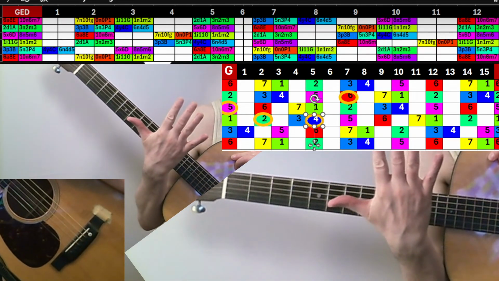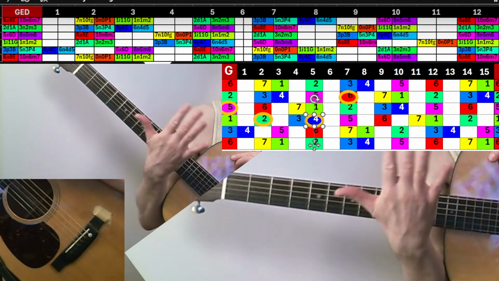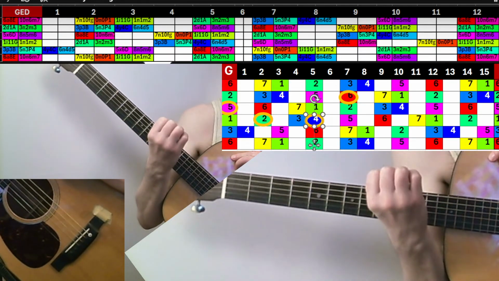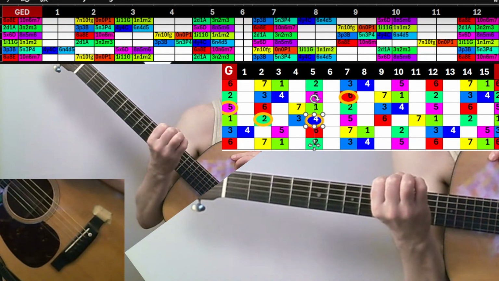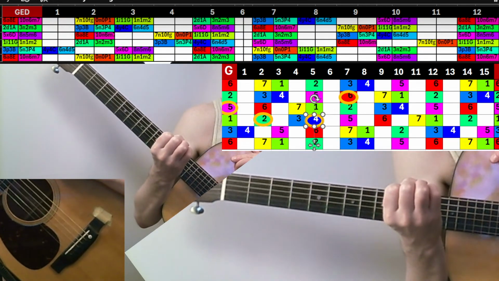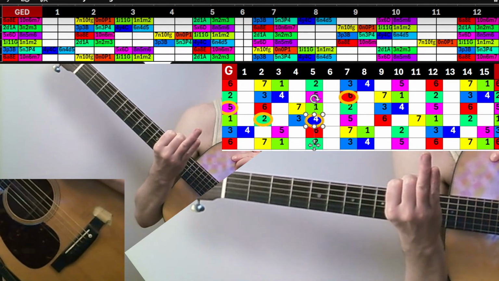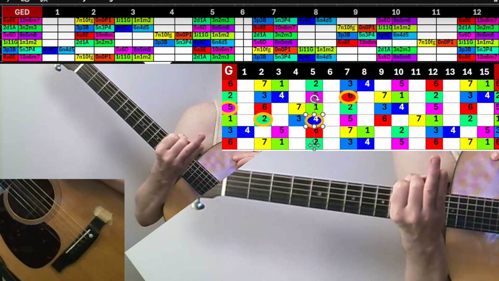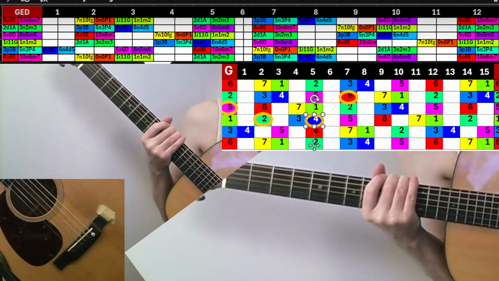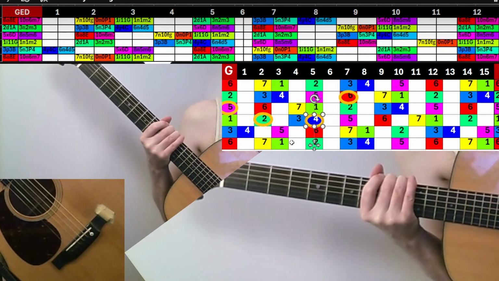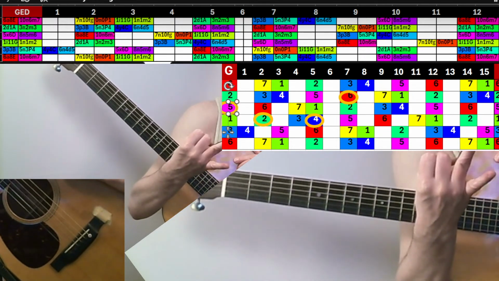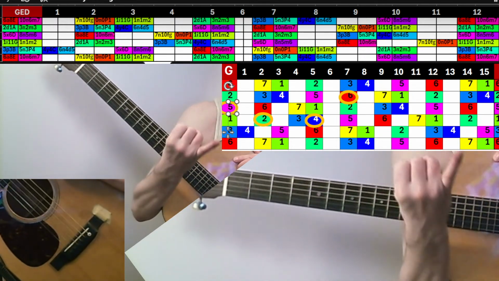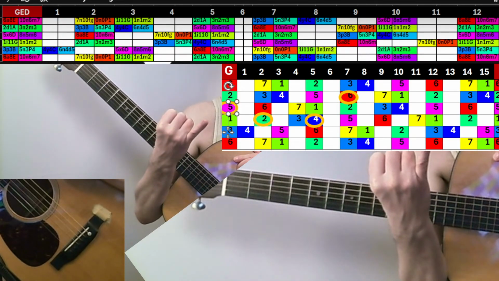That's 5 modal half steps, which would be 2, 3, 4, 5, 6, 7. Going to 2, 3, 4, that's going to be 2 modal half steps. I'm sorry, this would be the 3rd scale degree from the 2, but I'm going from the 5. 5, 6, 7, 1, 2, 3, 4 is 6 modal half steps, which would be the 7th scale degree.